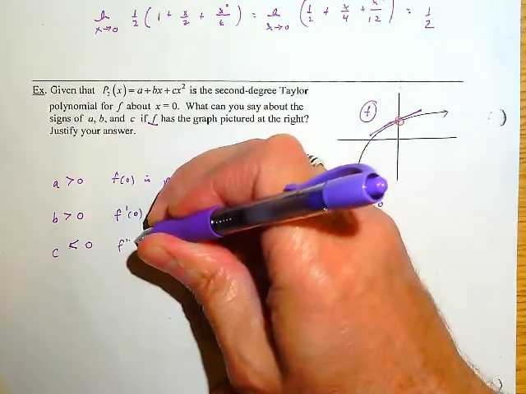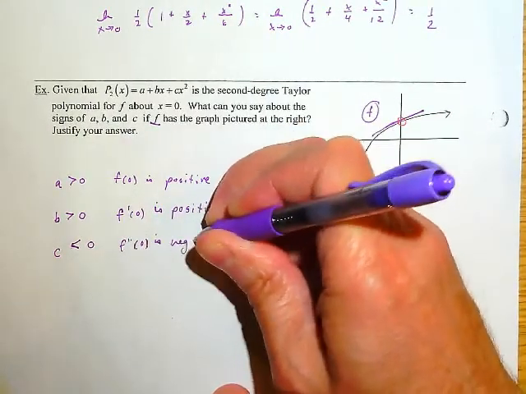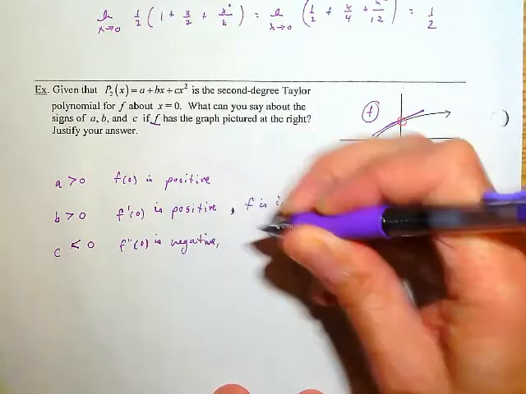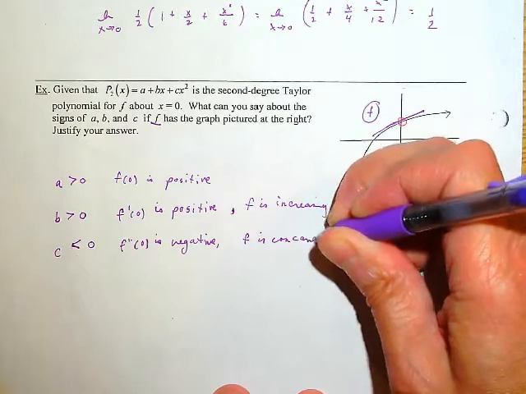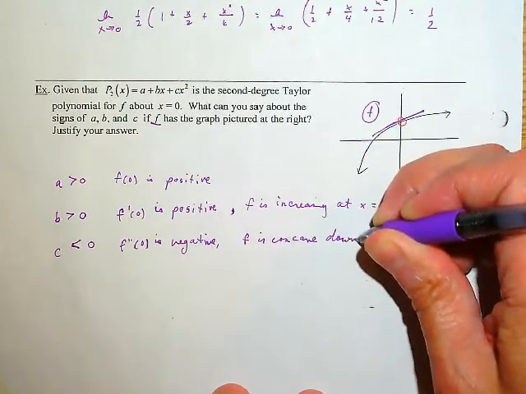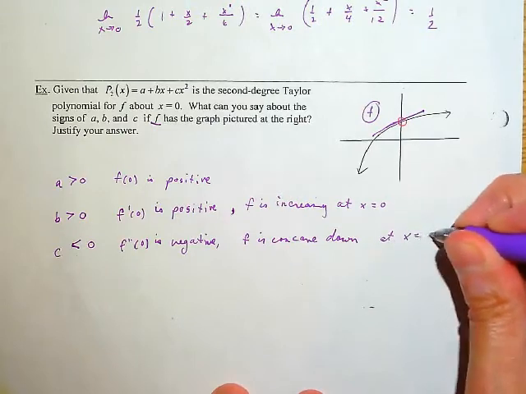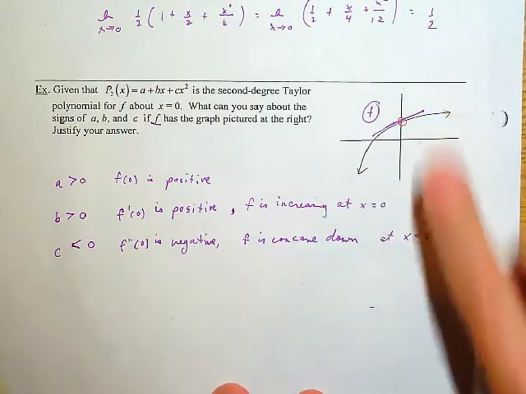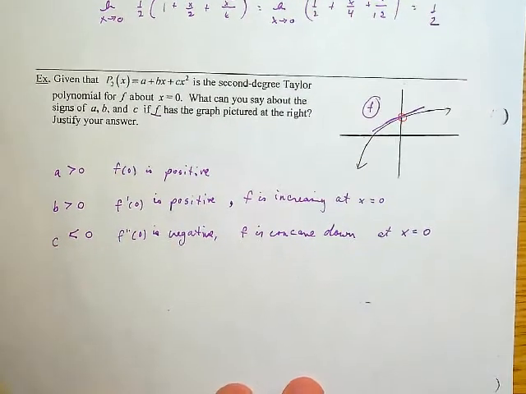Because f double prime at 0 is negative. How do we know that? f is concave down at x equals 0. It's increasing, but at a decreasing rate. So it's increasing, but we can see it's concave down. That graph is concave down.